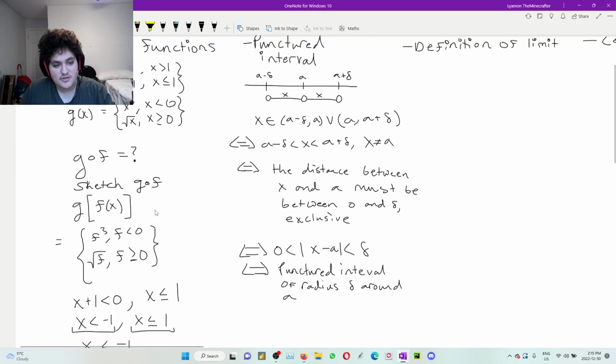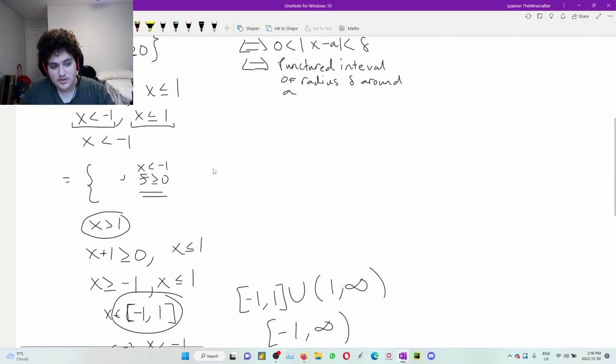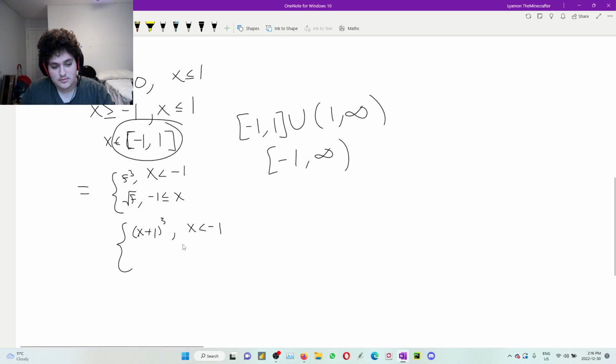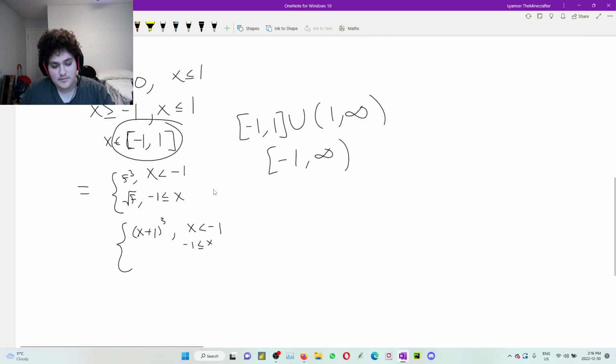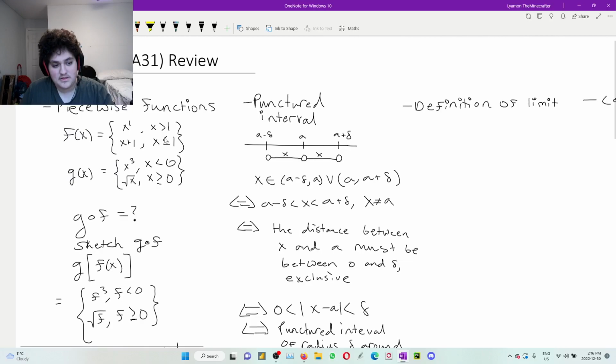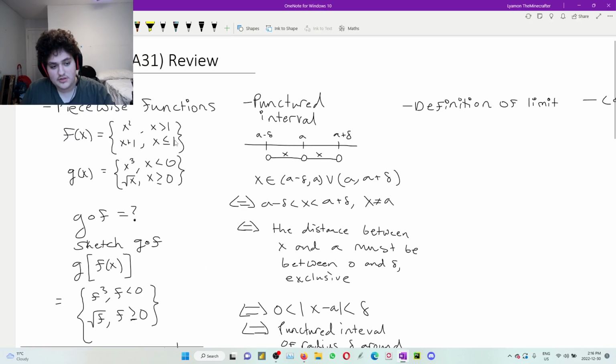So for -1 to 1, it'll be x plus 1, so yeah, -1 to 1 inclusive.